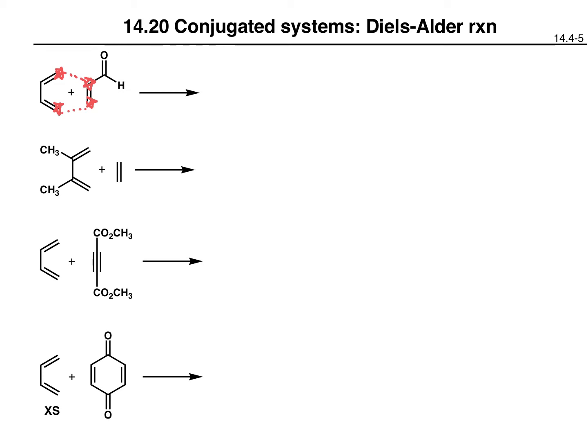Or you can think about the electron movement, and so these electrons move here, these electrons move here, and these electrons move here. And remember, what you get is a new 6-membered ring with a double bond over here, and in this case we have the aldehyde connected to this carbon.